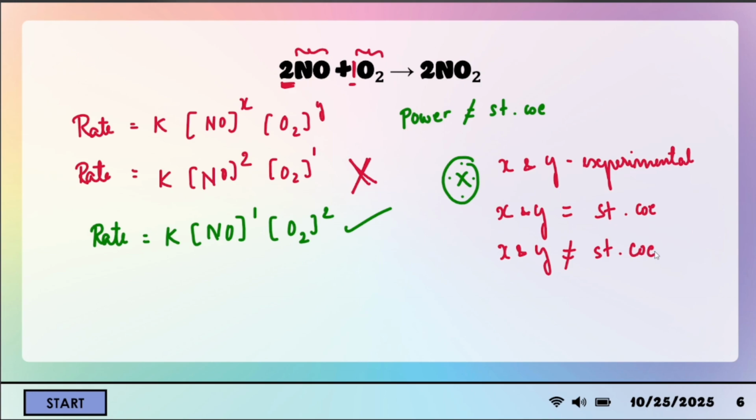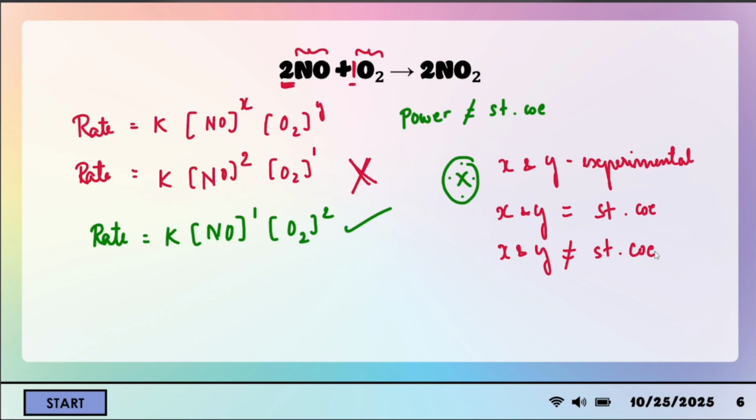So the chances are 50-50. 50% it might be true, 50% it might not be true. So we can only find these values of powers, x and y, if the experimental data are provided, okay? So don't worry about it.